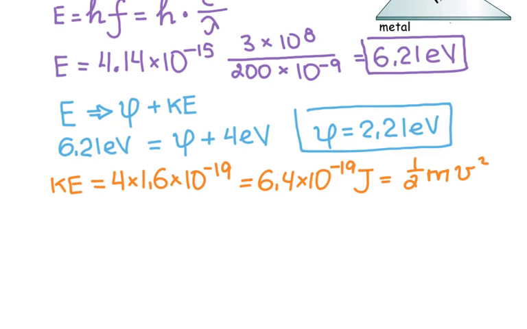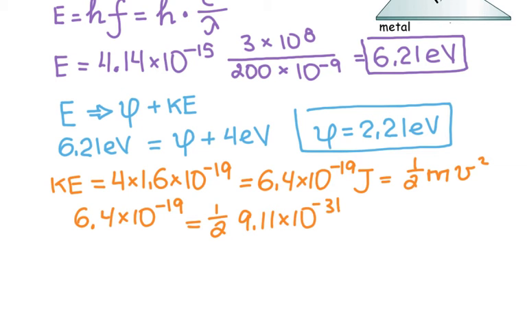So then I'm going to plug in the numbers. I have 6.4 times 10 to the negative 19 equals one half, the mass of the electron, which is 9.11 times 10 to the negative 31, and then the velocity squared.